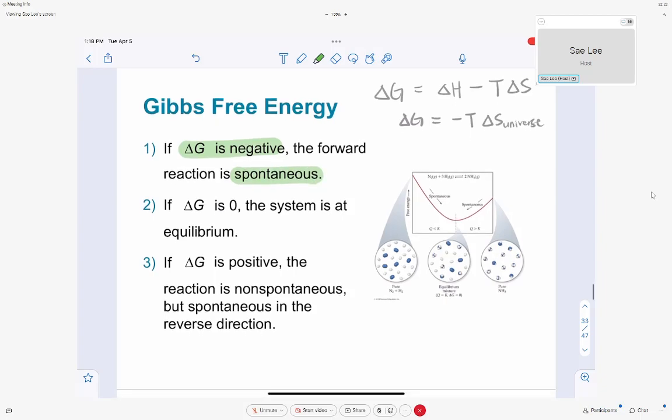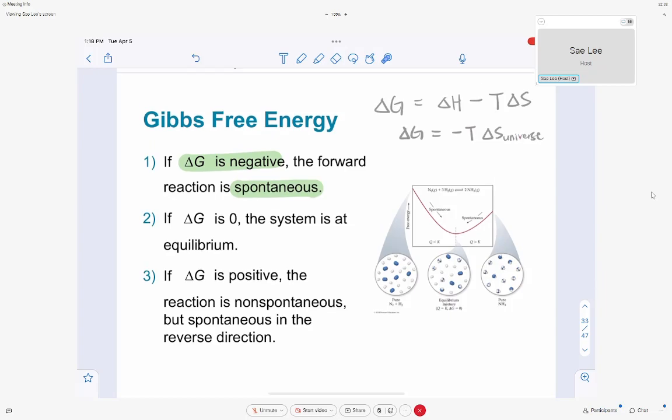If a reaction is at equilibrium, there is no change in the entropy of the universe. I'm sorry, I'm talking about the right side of the equation. Then this portion is basically 0, so delta G is going to be 0. The delta G is 0 for any system at equilibrium.